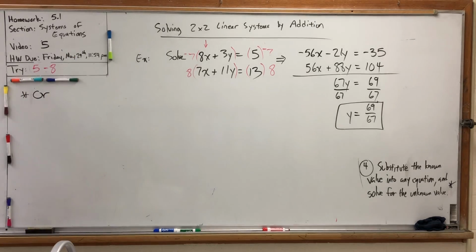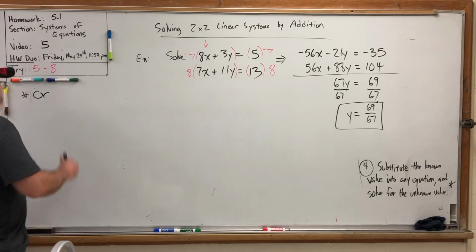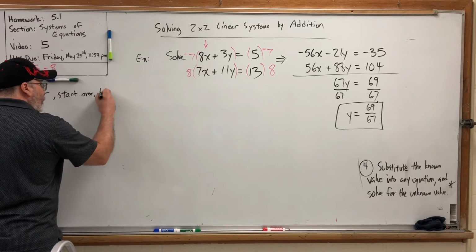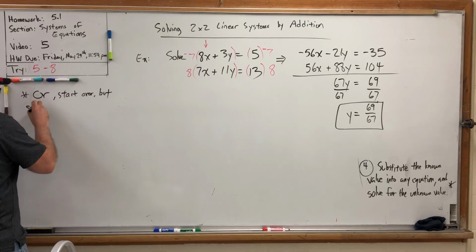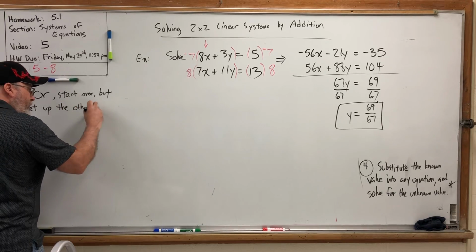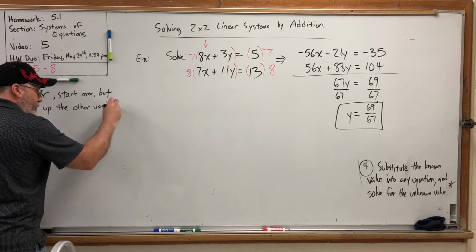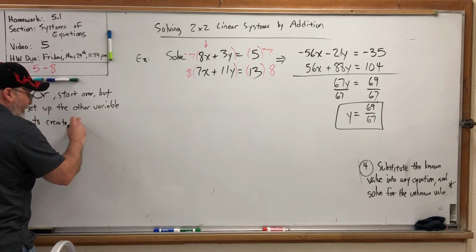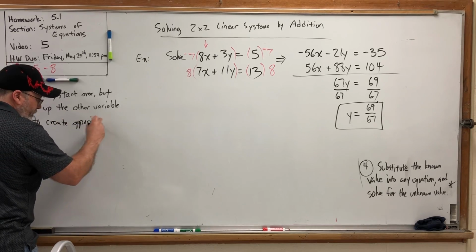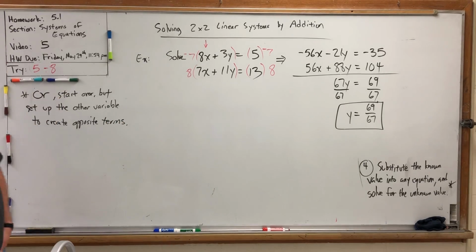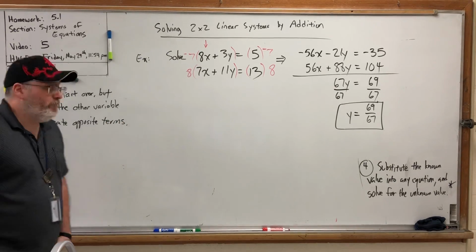So the other option to getting the other value is to start over, but set up the other variable to create opposite terms. It's not nearly as hard as it seems, because we have a way to find well-chosen numbers.